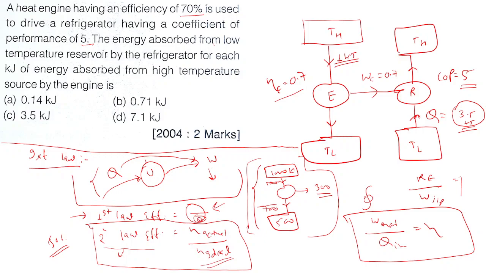So out of that Q, how much work we have got will be told in the first law efficiency, and in the second law efficiency, how much maximum efficiency was possible and what efficiency we have achieved. So second law efficiency is the relation between the efficiencies only, and in the first law we are dealing with the energy, that also we can say.